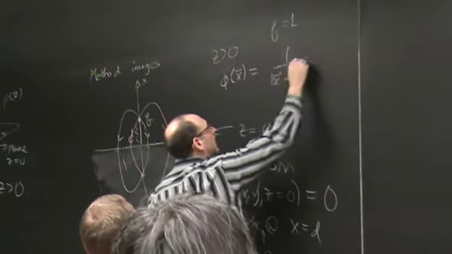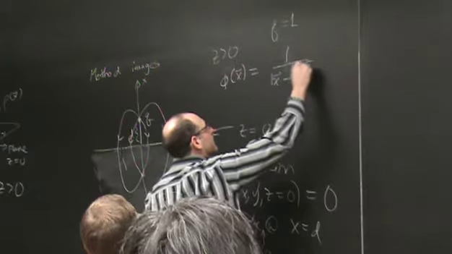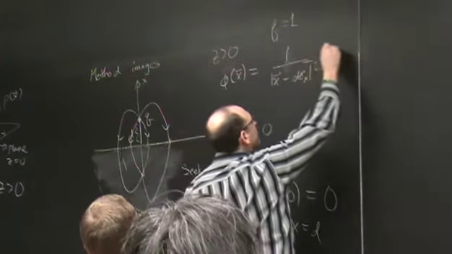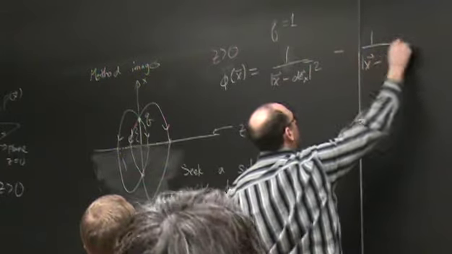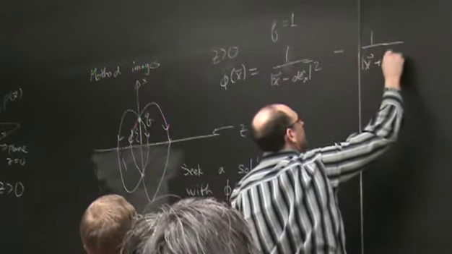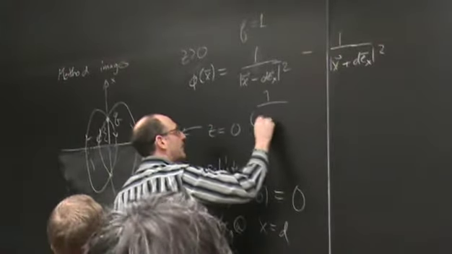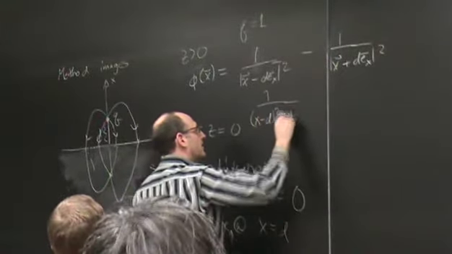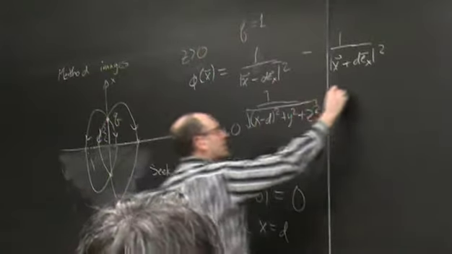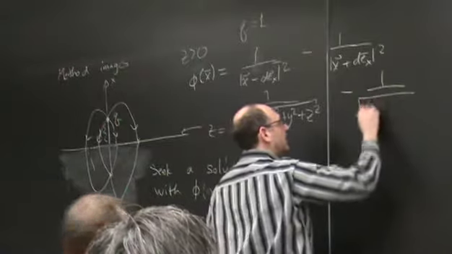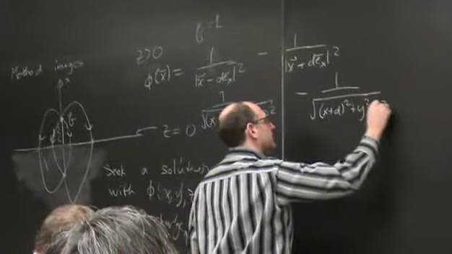1 over the square root of (x minus d)² plus y² plus z², minus 1 over the square root of (x plus d)² plus y² plus z².